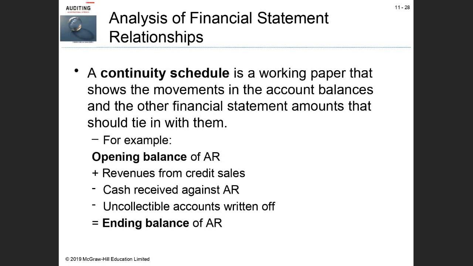So in that case, our net accounts receivable balance would end up being $10 million. If we wrote off the accounts receivable minus 100,000, it would be 9,900,000.